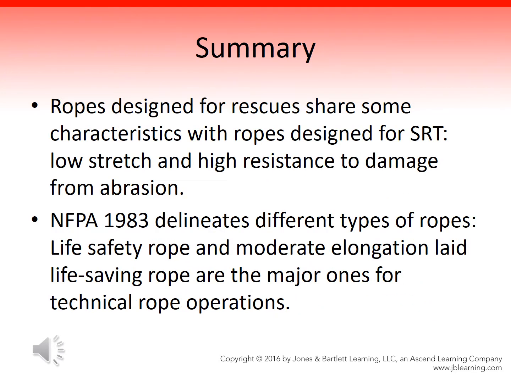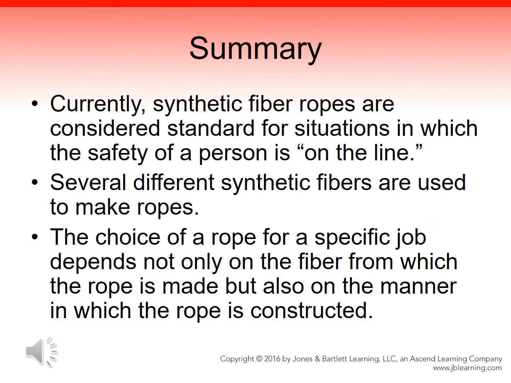Ropes designed for rescues share some characteristics with ropes designed for single rope technique: low stretch and high resistance to damage from abrasion. NFPA 1983 delineates different types of ropes. Life safety rope and moderate elongation laid life-saving rope are the major ones for technical rope operations. Currently, synthetic fiber ropes are considered standard for situations in which the safety of a person is on the line.